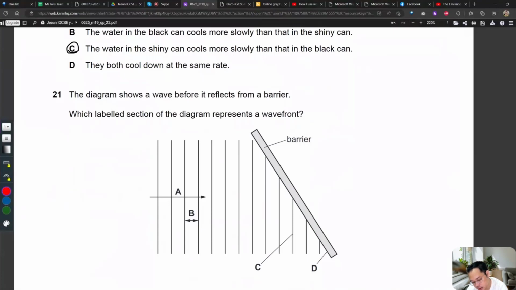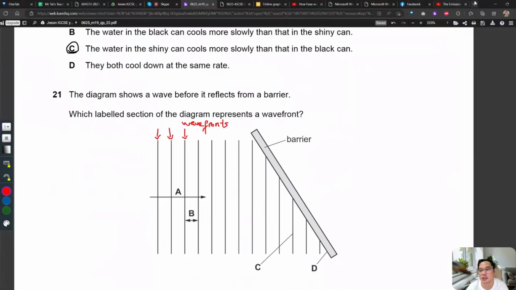Which one, A, B, C, D, is a wave front? A. It is C. But doesn't C just show the wave and not the wave front? Each vertical line here, each one is a wave front. What does it mean?